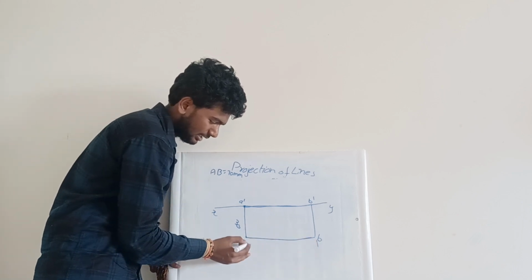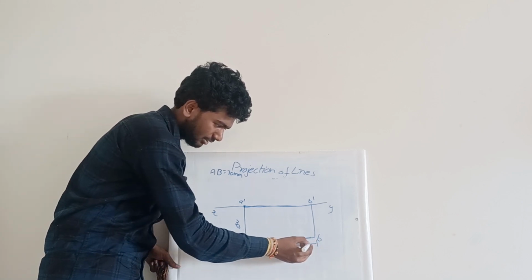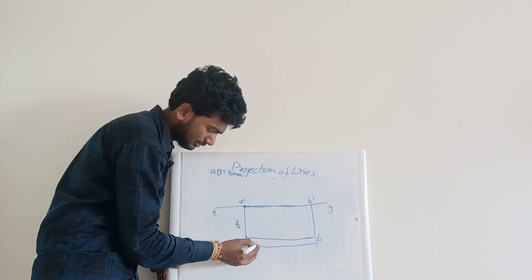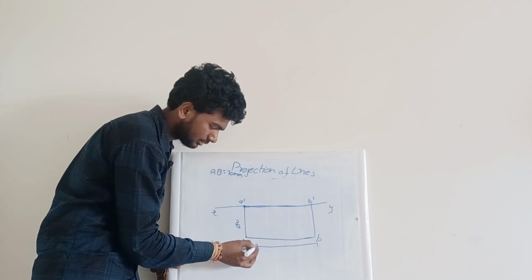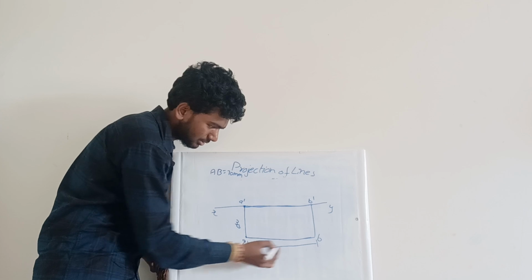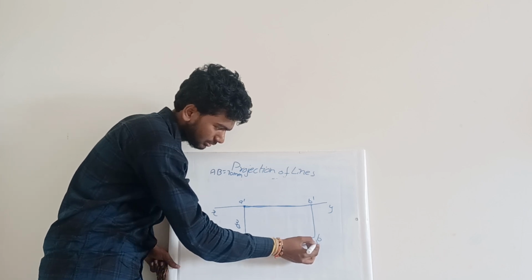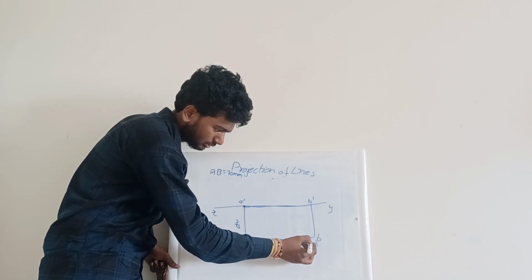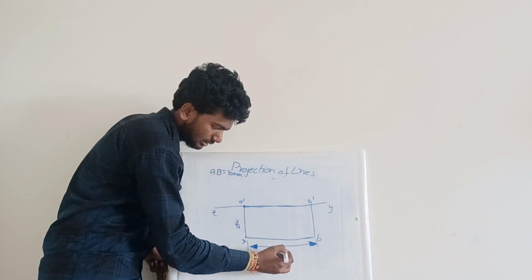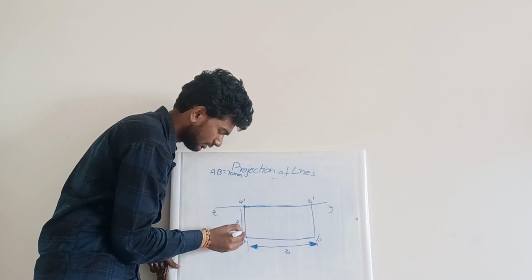We have to draw the leader lines and denote 70 here also.